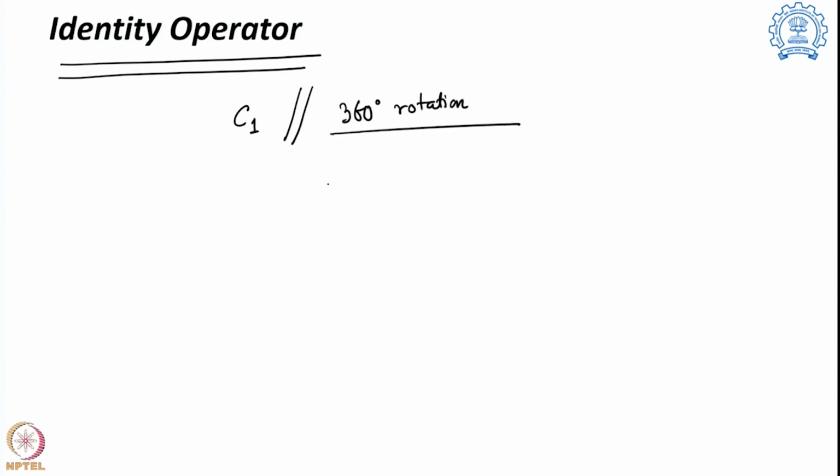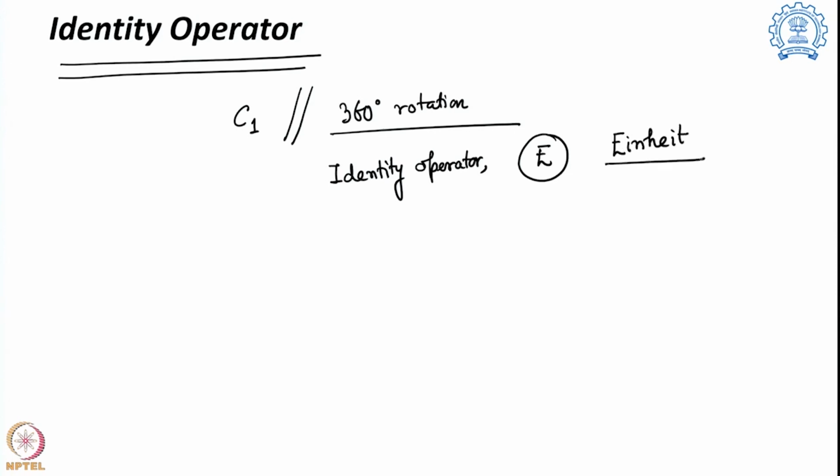And over here we just basically leave the molecule as it is, and this is known as the identity operator, and this is defined by this term E. This term E is actually defined by this German term which is Einheit, which means unity.